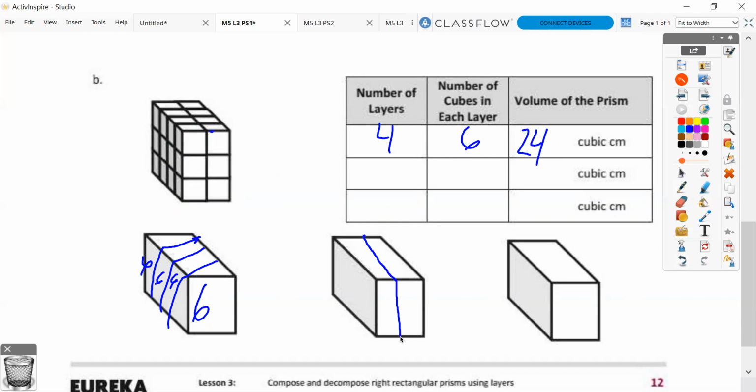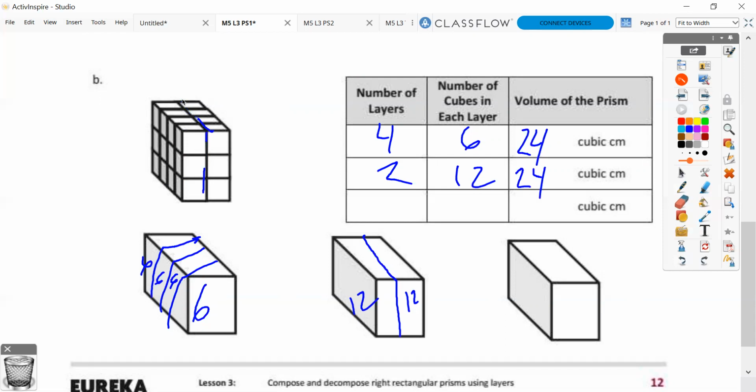And if I'm thinking about these 2 layers, well, that's 4 long, 3 wide, or 3 long and 4 wide. So 3 times 4, well, that would be 12 cubic centimeters on this side and 12 cubic centimeters on this layer. So there's 2 layers with 12 cubic centimeters in each. And again, that's 24 cubic centimeters.